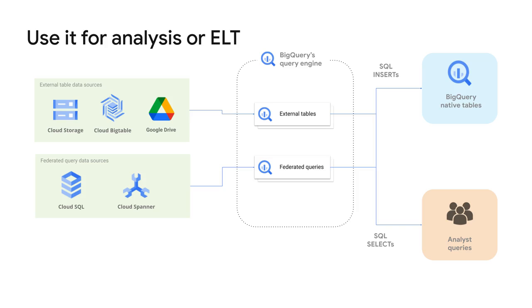For extract, load, transform, ELT workloads, loading and cleaning your data in one pass and writing the cleaned result into BigQuery storage by using a create table as select query, and accessing data in AWS buckets or Azure Blob Storage with BigQuery Omni remote tables.